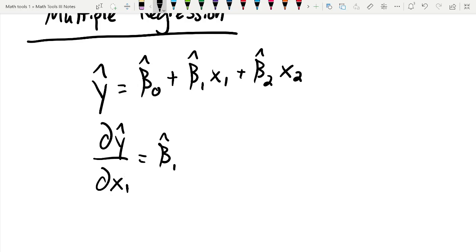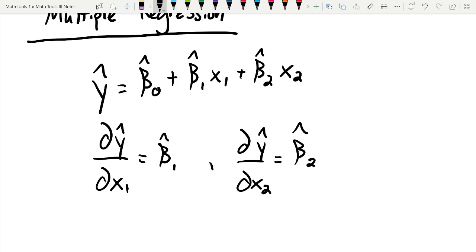So this shows us that same interpretation of multiple regression, where we're interpreting the coefficients as how much y hat changes as x1 changes while we hold the other ones constant, right? So same interpretation as the partial derivative because it is the partial derivative. And then if we did the partial derivative of y hat with respect to x2, we would get the beta 2 hat, as we would expect.